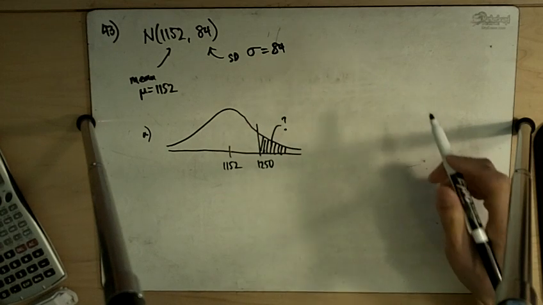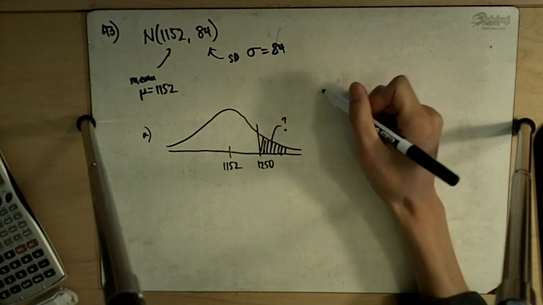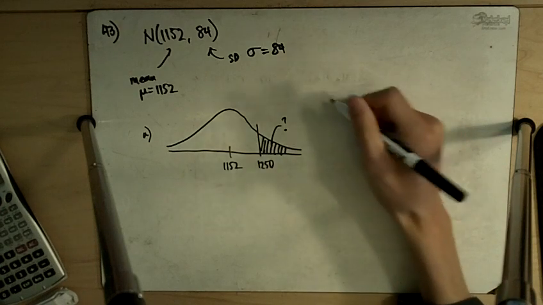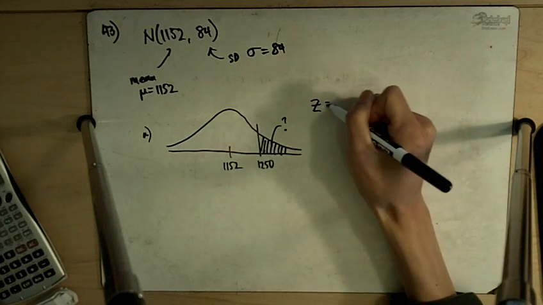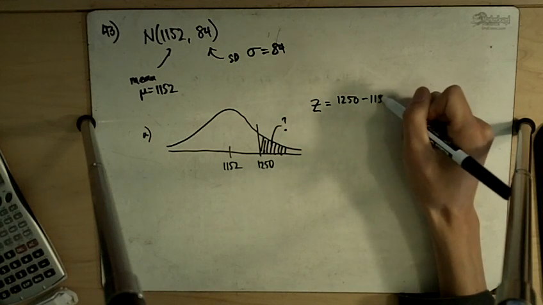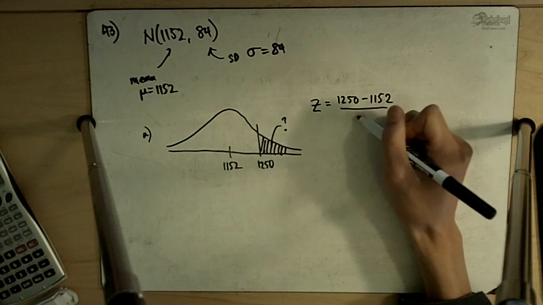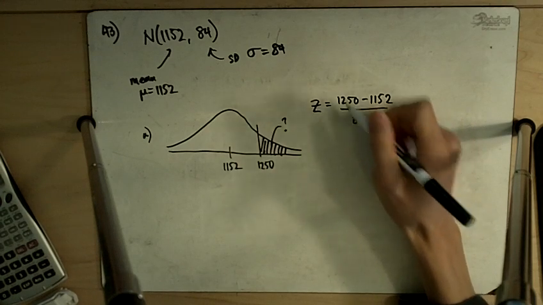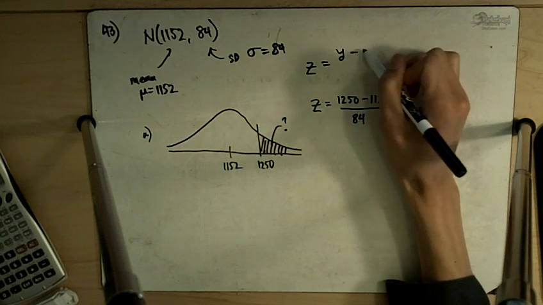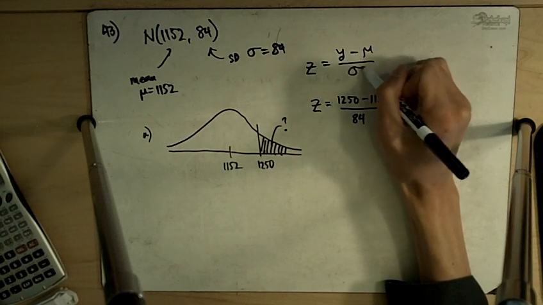The way we calculate this is, again, we go from the point we're interested in to a z-score. The formula is z equals y minus mu divided by sigma.